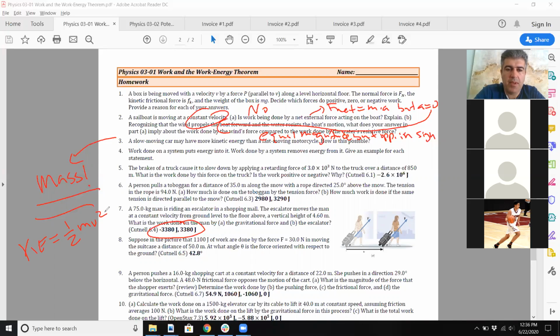And then for 4, work done in a system puts energy into it. Work done by a system removes energy from it. Give an example. I guess you could say an air conditioner might be a good example. Clearly, there's some sort of motor inside your air conditioning unit, and there's also a lot of other stuff going on there.